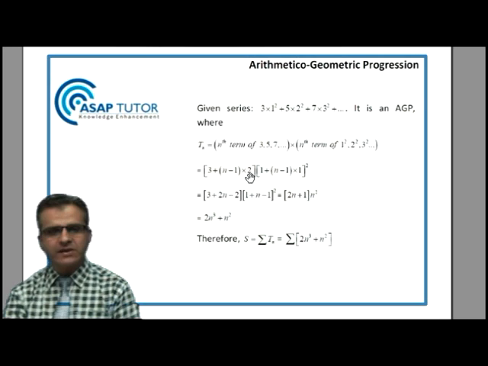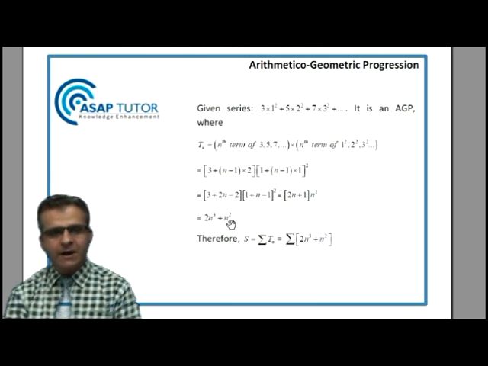Solving this, we get 3 plus 2n minus 2, which is 2n plus 1, and 1 plus n minus 1 whole square, 1 and 1 cancel, gives n square. So after solving this, we get 2n cube plus n square. Therefore, the nth term of this series is 2n cube plus n square.